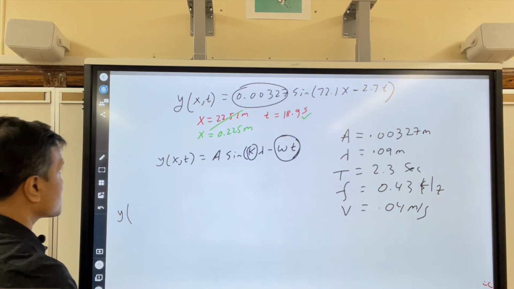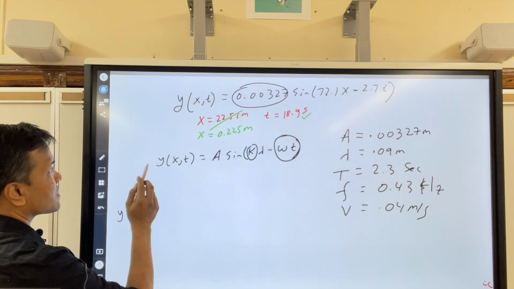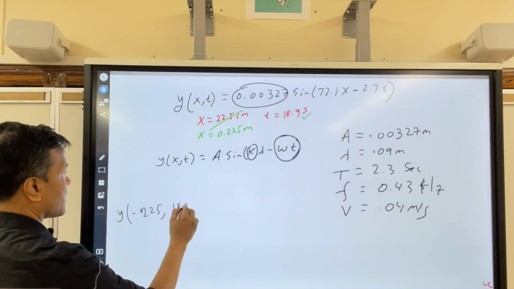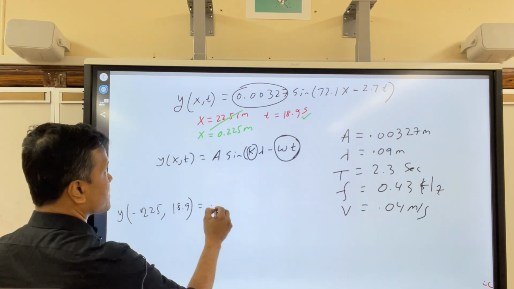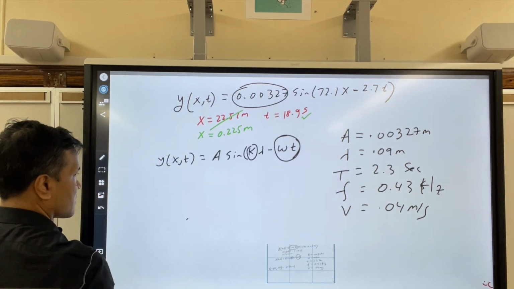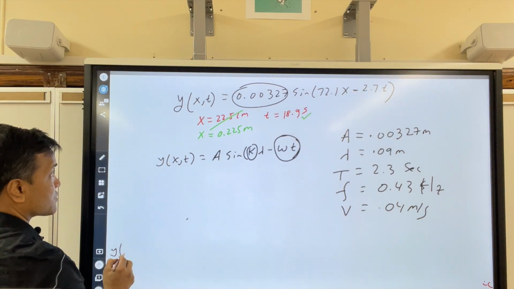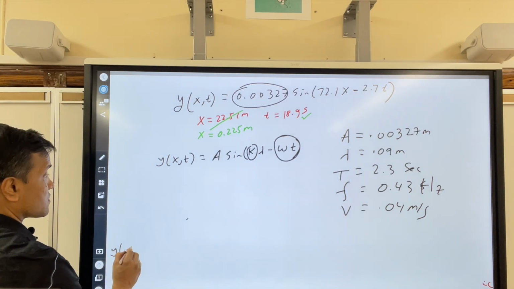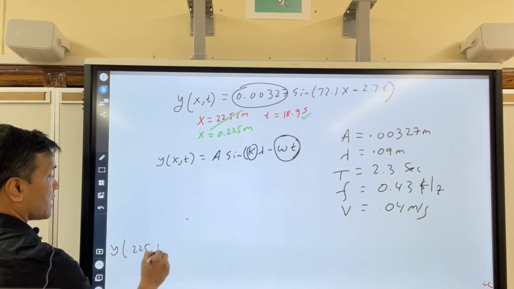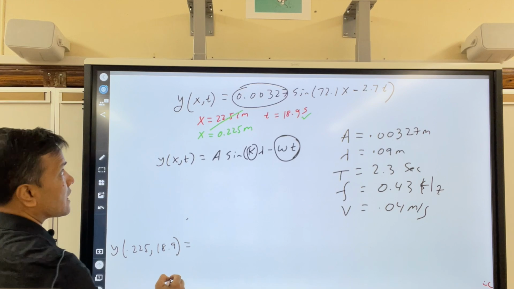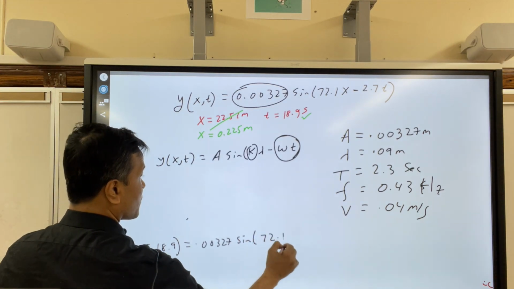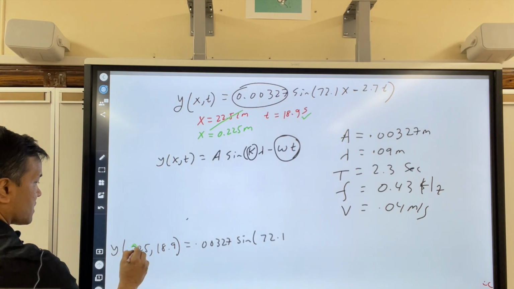So x is 0.225 and t is 18.9. y of 0.225 comma 18.9 is equal to 0.00327 sine of 72.1, and then I'm going to write this thing, 0.225.